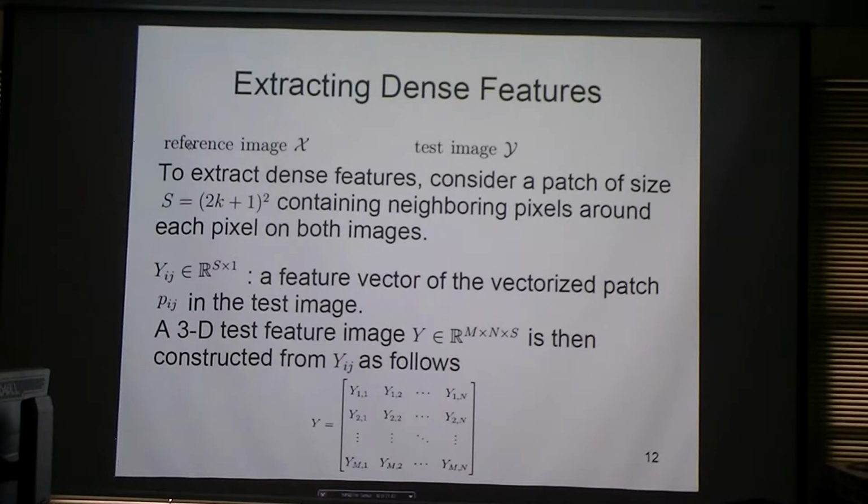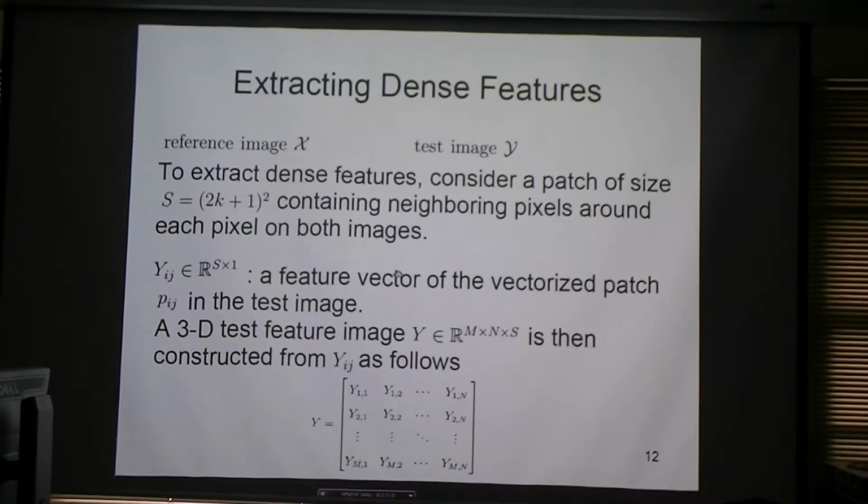If we call the reference image x and the test image y, to extract these features we have a patch of size S, which is (2k+1) squared, containing the neighboring pixels around each pixel on both the test and the reference image.